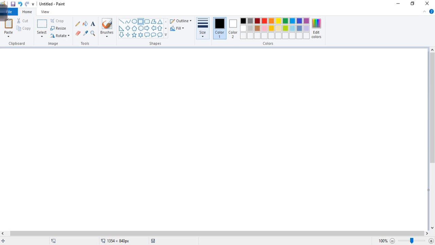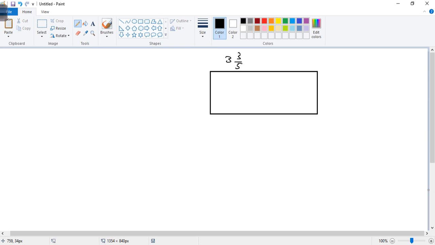If we have, for example, a rectangle like this, the length is 3 and 3 over 5, and the width is 1 and 5 over 8. This is the length of the rectangle and this is the width. Find the rectangle perimeter. Rectangle perimeter means 2 of this and 2 of this.